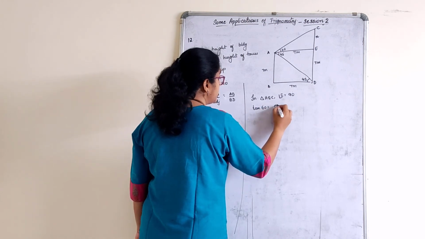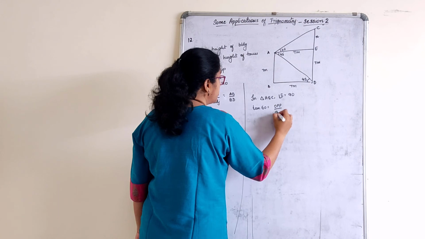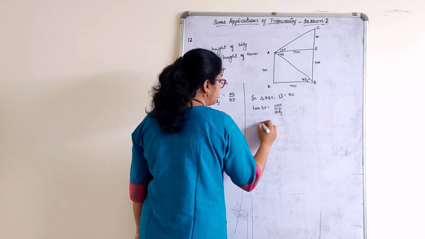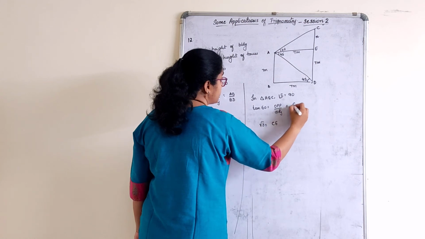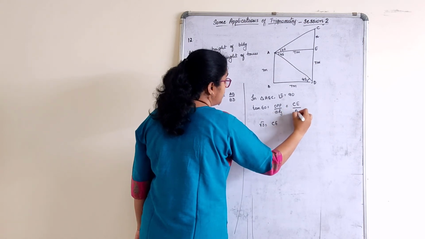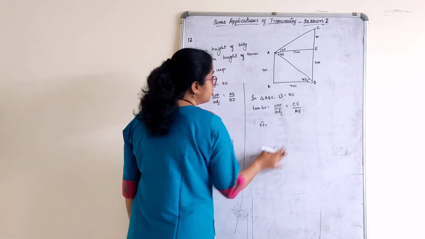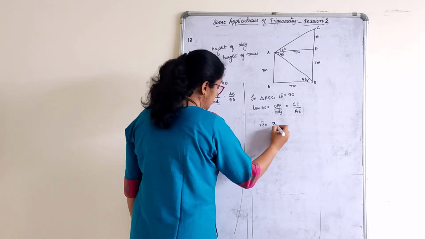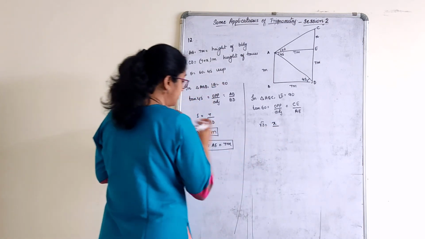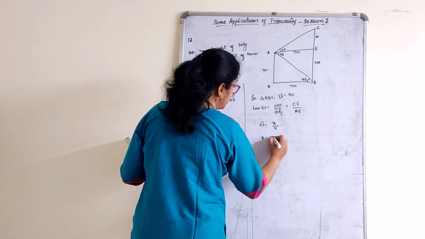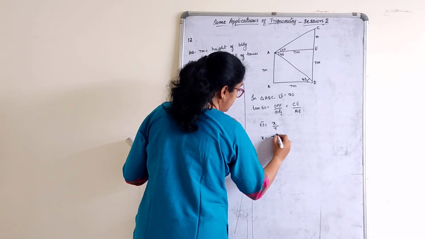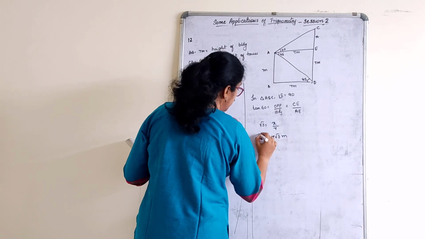Tan 60 is equal to opposite upon adjacent. Root 3 is equal to CE upon AE. So what is CE? X. What is AE? 7. X is equal to 7 root 3 meter.